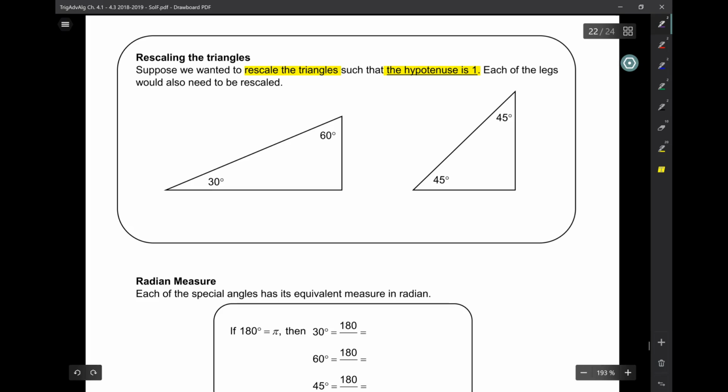Right now, these look like 1, root 3, 2, and here we have 1, 1, root 2. In the first case, the hypotenuse is 2. In the second case, the hypotenuse is root 2, which is like 1.4. What if I wanted to rescale it so that the hypotenuse is 1?